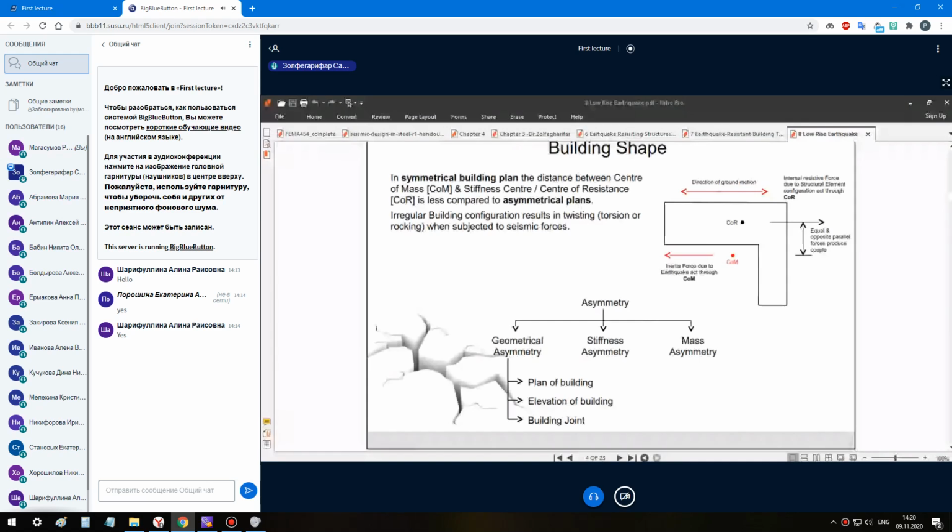If the building is symmetrical in plan, the distance between the center of mass, shown as COM, and the center of stiffness or resistance is less compared with asymmetrical plans. That gives more strength, can absorb the energy of the earthquake, and is safer for the building.